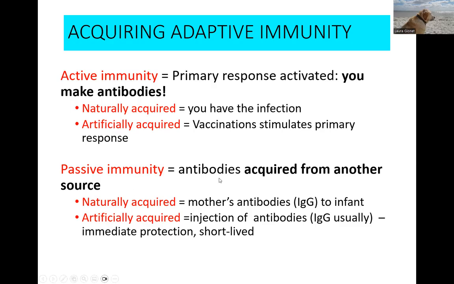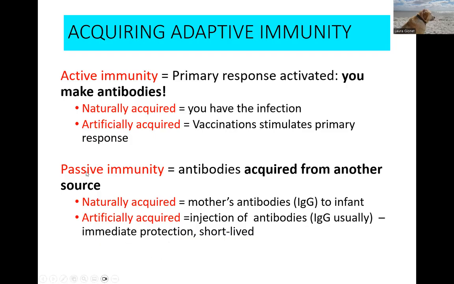Okay, then we have passive immunity. Antibodies are acquired from another source. We can have naturally acquired passive. Examples of that are mother's antibodies, either the IgGs that can cross the placenta or the IgAs in breast milk to an infant.